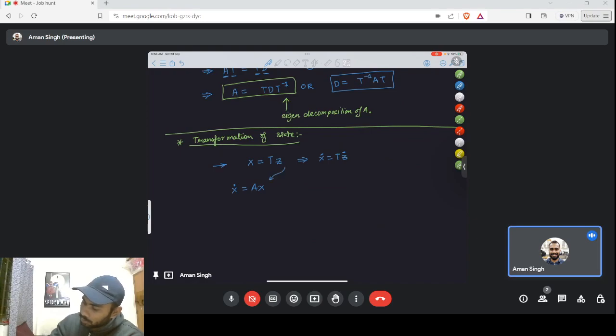So putting these two in this equation, we get T z dot equal to A T z, which can be written as z dot equal to T inverse A T z. And here you can see a familiar term which we derived a little while ago. So we can now write this equation as z dot is equal to Dz.